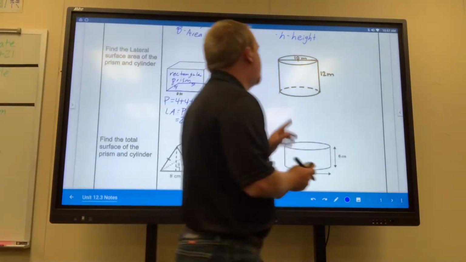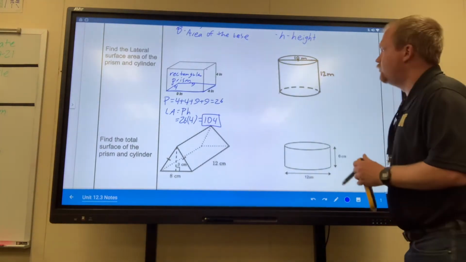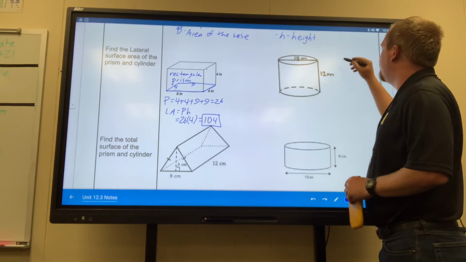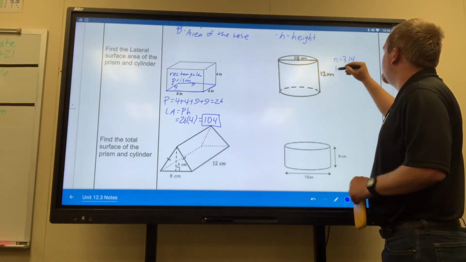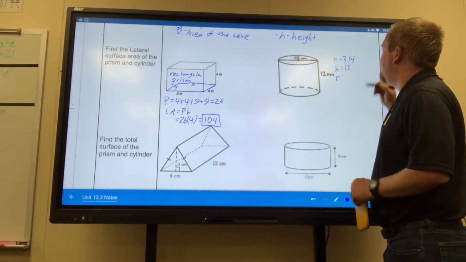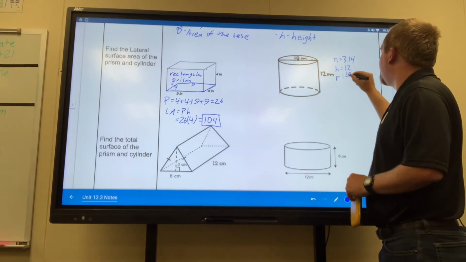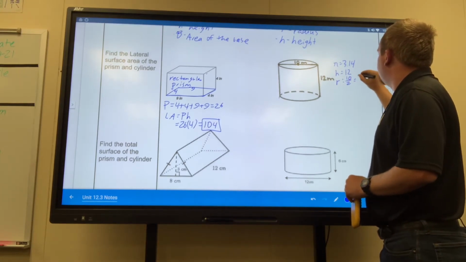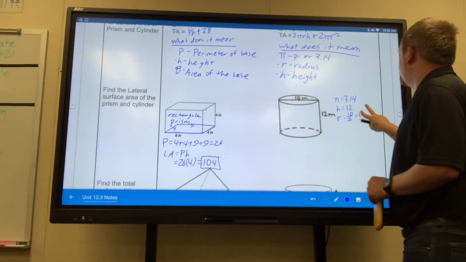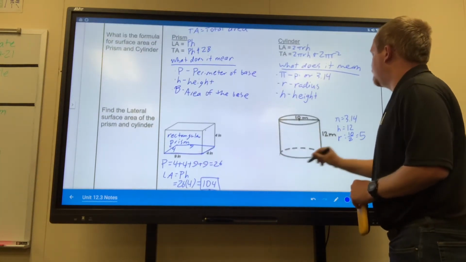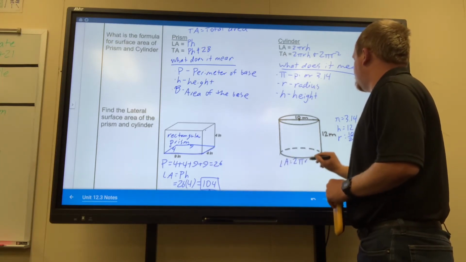Now, if we want to find lateral surface area for this cylinder, first off, we've got to know what we know. Pi is 3.14, h is 12. But we've got to know the radius. Well, the diameter is 10, so if I take half of 10, that gives me 5. Lateral surface area is 2 pi r times h.